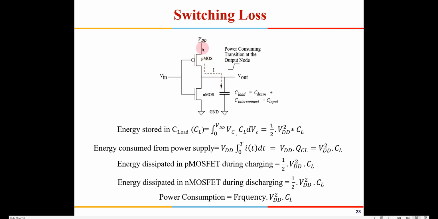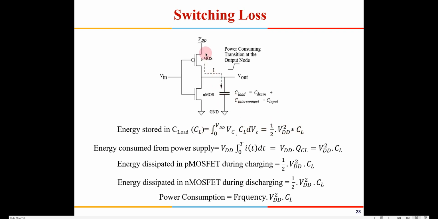Current flows from VDD through this PMOS and the capacitor gets charged to 1. If I find the energy stored in a capacitor, from basic electrical theory, integrating current and voltage gives the energy: half VDD square CL. This is the energy which gets stored in the capacitor.